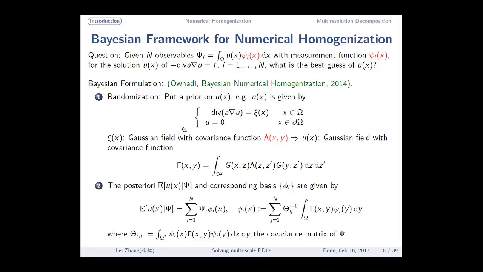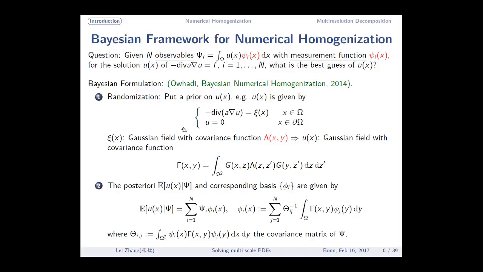And we know that U is the solution of minus divergence A gradient U equal to F. What is the best guess of U? That's the question.